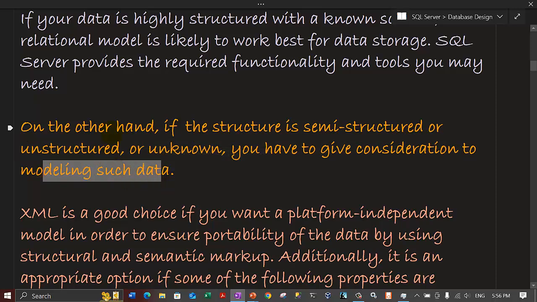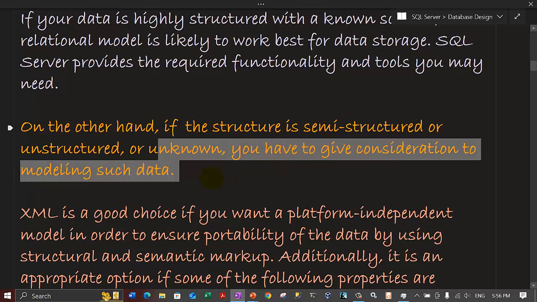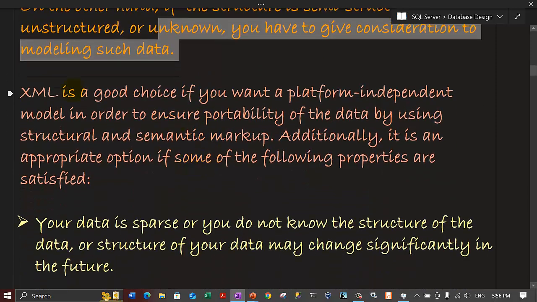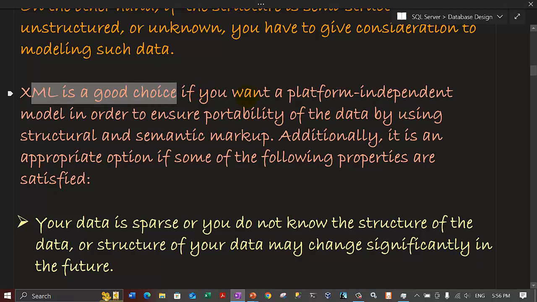Alright, so there could be situations where your data is semi-structured, or it can be unstructured as well, or you don't know the structure of your data. And in those situations you have to basically give consideration to the modeling of such data, like which data model to be used. Now XML data model is a good choice for you if you want a platform independent model.